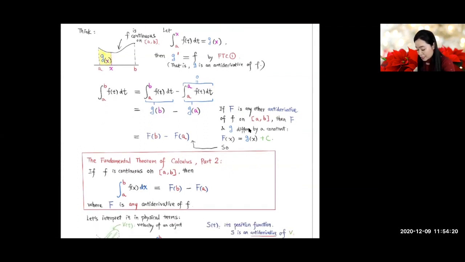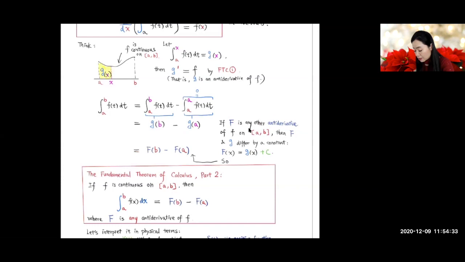Okay, so when you integrate that, you can find an antiderivative of this function f, and then you subtract. Well, it doesn't have to be this function g. It could be any other antiderivative of this function, because any antiderivatives are going to differ by a constant.